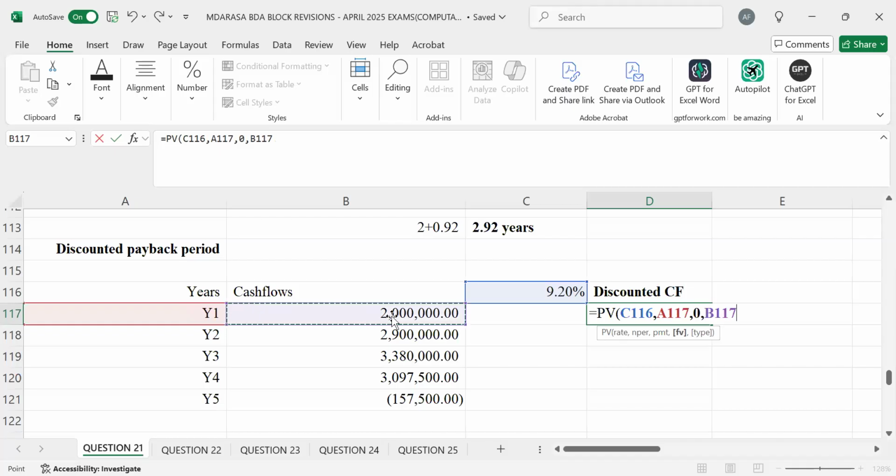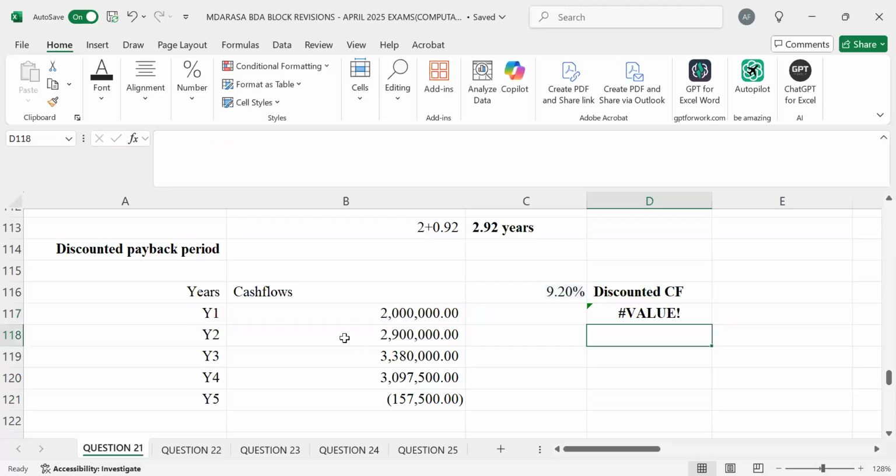Because I want our rate to be constant, we lock our rate.